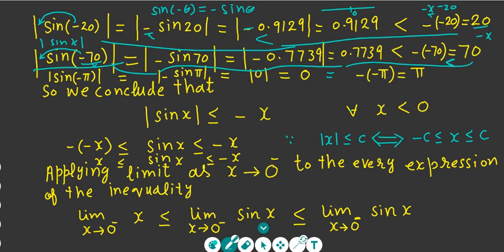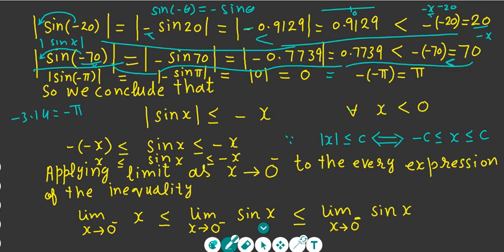So we take minus pi. Minus pi is a negative number. 3.14 is equal to minus pi. So in this case, we also get 0, as sine pi is equal to 0. 0 multiplied by minus will also be equal to 0. So the absolute value of 0 is equal to 0.